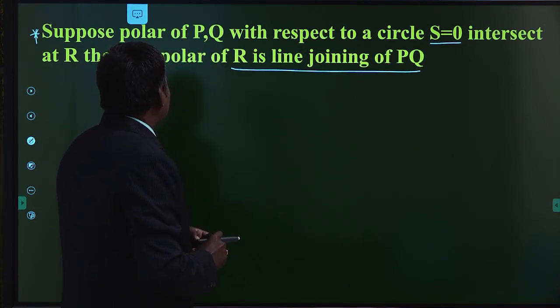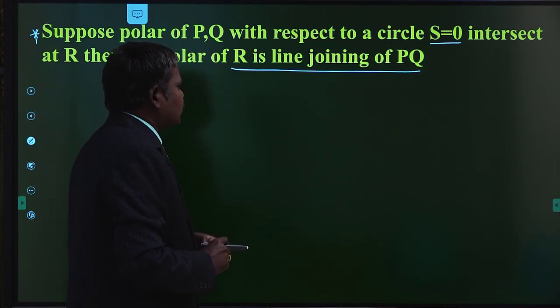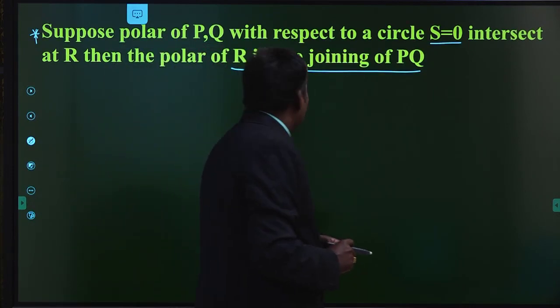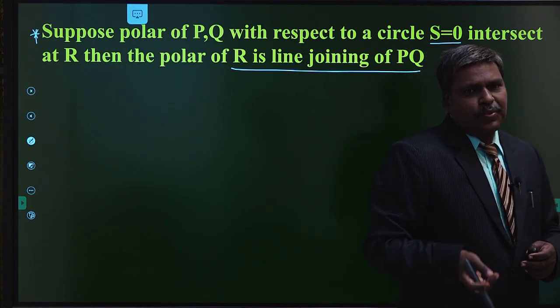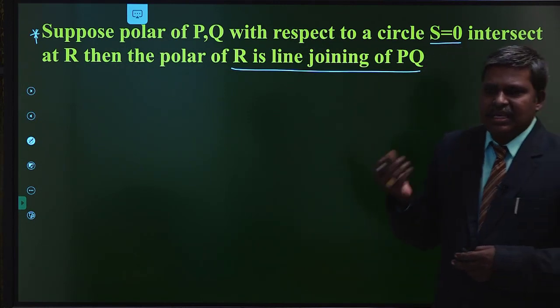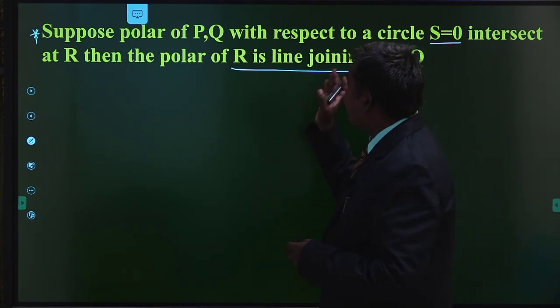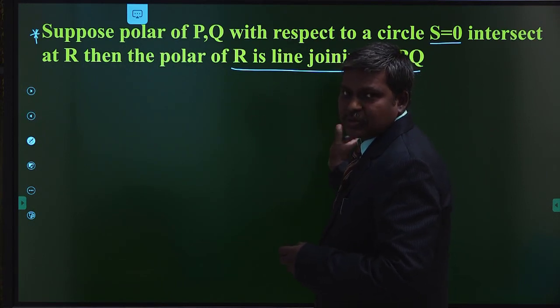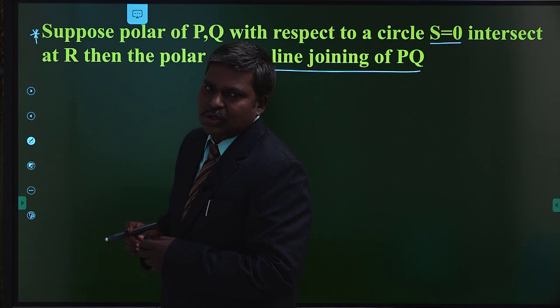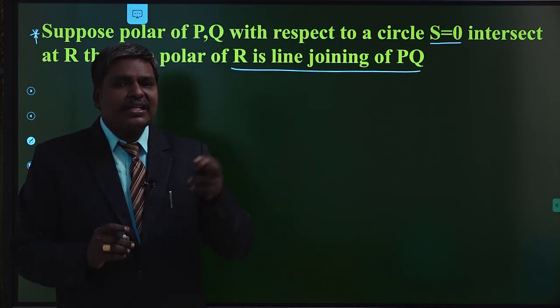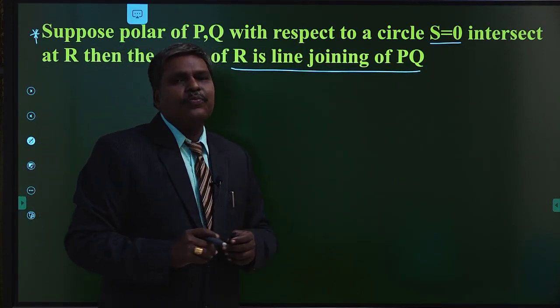Suppose the polars of P, Q with respect to the circle S equal to 0 intersect at R. There exists a polar for point P. Similarly, there exists another polar for the point Q with respect to the same circle. Both the polars intersect at R. We have to show that the polar of R is nothing but the line joining PQ.